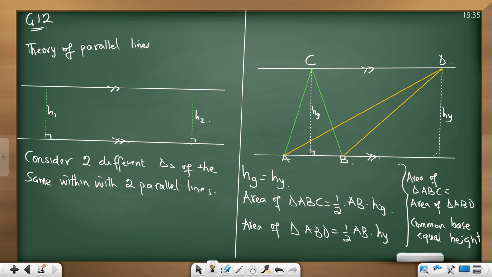So if their bases are the same and their height is the same, area is the same. This is what's going to lead us to our grade 12 proof, because I'm going to throw this into the proof somewhere. And that proof is so easy that the examiner will always lead you.